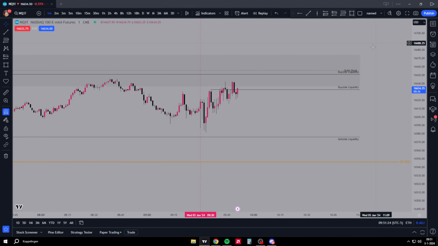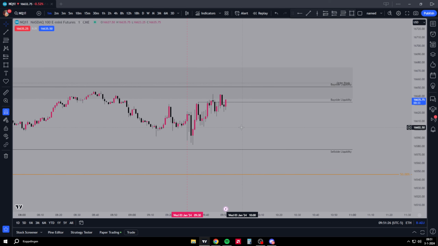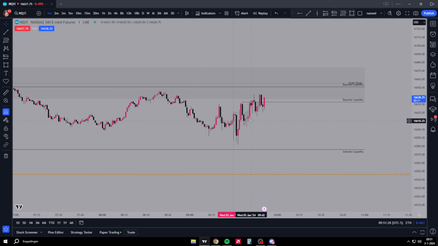it's not counting. All right, now we're just actually building up low resistance liquidity or trendline liquidity. Trendline liquidity.